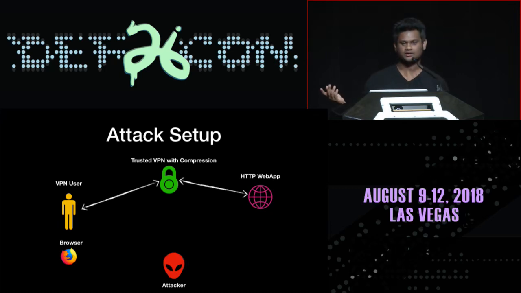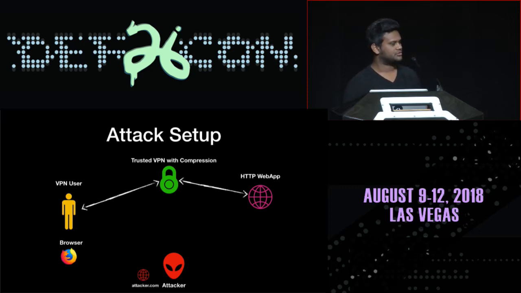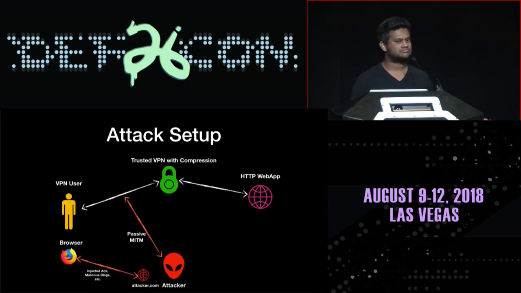Now let's assume an attacker who has the capability of doing the Oracle attack. He can host his own attacker.com, using which he will serve you JavaScript that conducts the attack. The attacker can do the passive MITM, obviously, and he can also inject ads or any web app and do a cross-domain JavaScript injection.